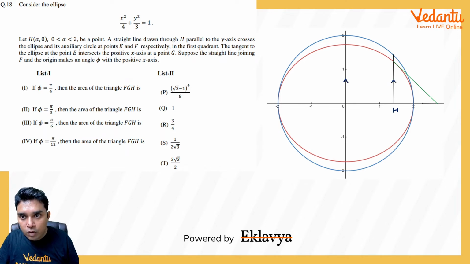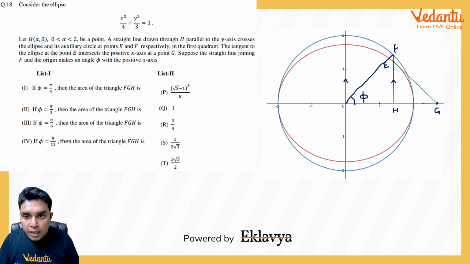So this way we have drawn, and this point is E and this point is F. So this line parallel to the y-axis crosses the ellipse at E and the auxiliary circle at F. Now the tangent to the ellipse at E intersects the positive x-axis at G. That point is G here. And suppose that the straight line joining F to the origin makes an angle phi with the positive x-axis.